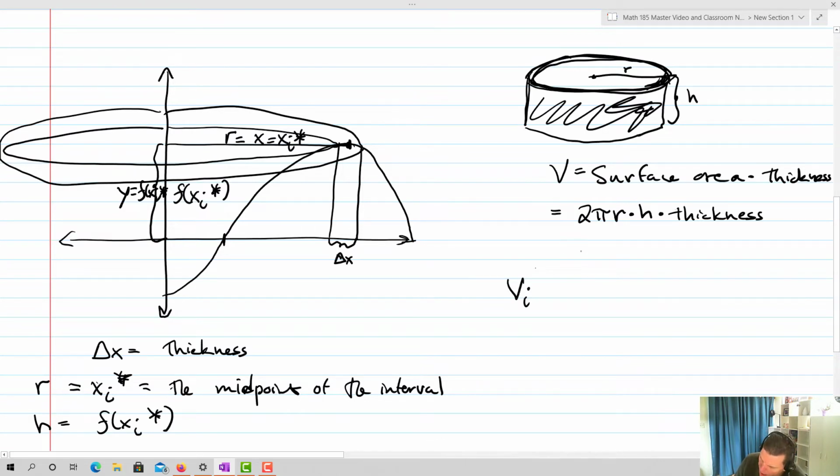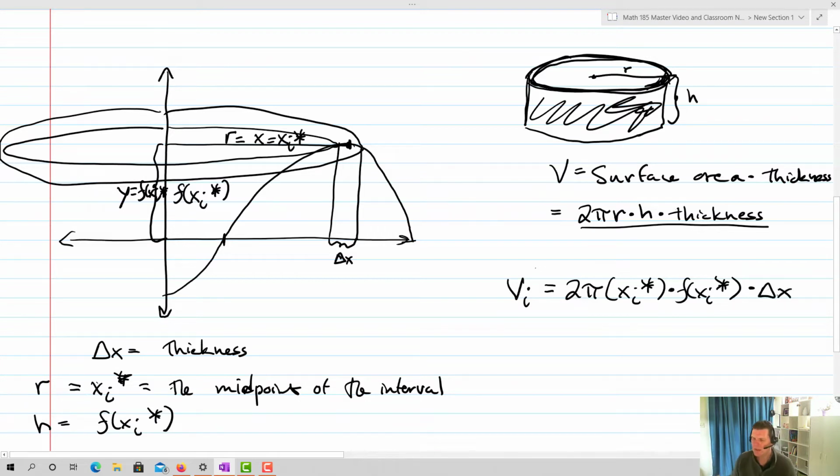Consequently, our V i is going to end up being 2 pi times x i star times f of x i star times delta x. And there we go. Our approximation for the volume is going to be an addition of lots and lots of these.